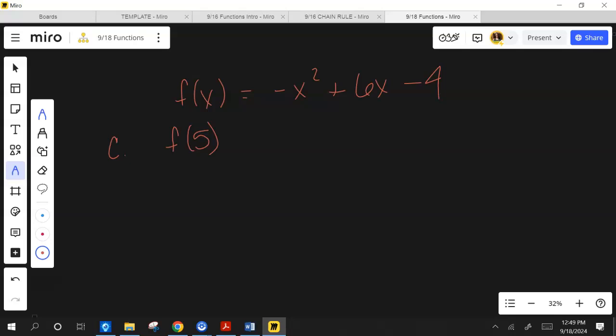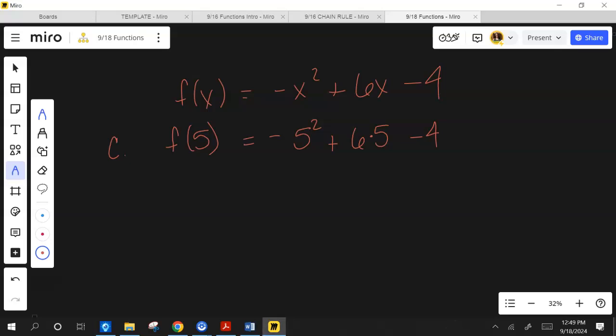f of 5. f of 5. Erase every x and replace it with a 5. Negative. All right.